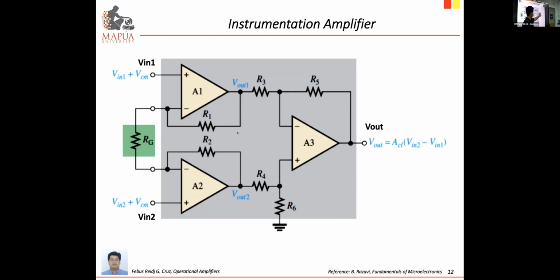Then we have the overall output Vout. Then apply the principle of the same potential on the two inputs. If the voltage here is V-in1, the voltage at the negative of amplifier 1 will also be V-in1. The same with amplifier 2. If this is the actual V-in2, the potential on this node will be equivalent to V-in2 as well.